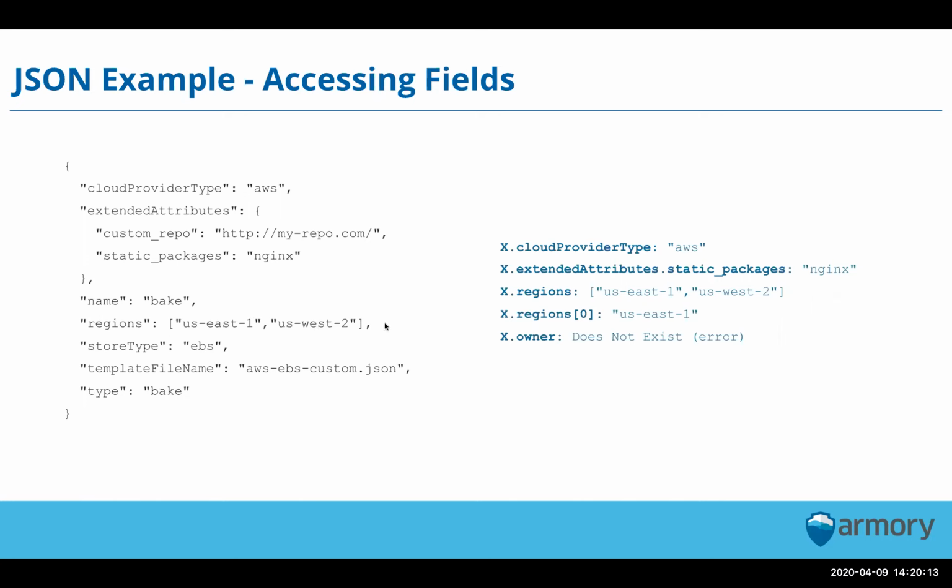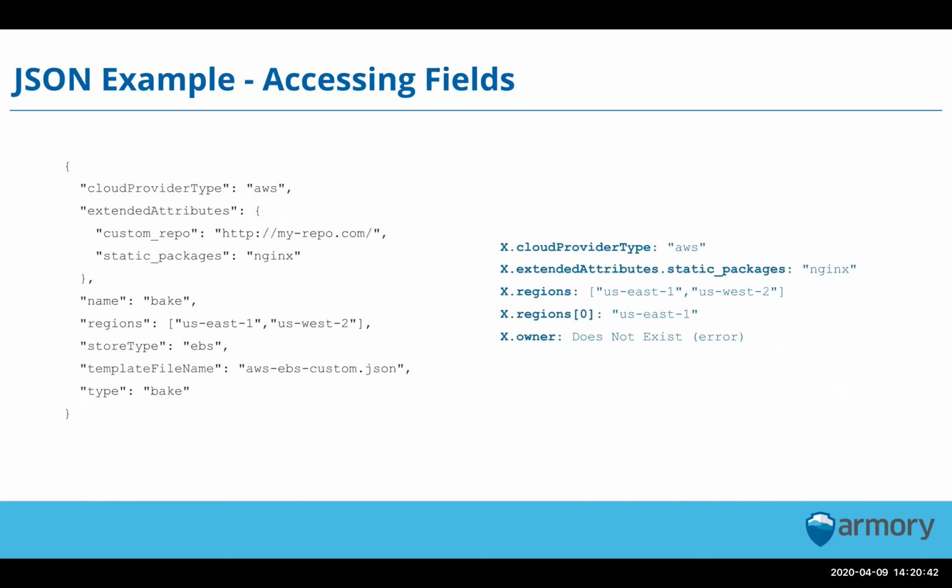And another thing that's very useful when troubleshooting Spring Expression Language, and sometimes artifacts, is that if you try to access a field that doesn't exist, you're going to get an error, right? Most of the time when you see errors with SpEL in Spinnaker, it's probably because you're either accessing a field that doesn't exist, or you're accessing a field and expecting it to be one type, and it's the wrong type.